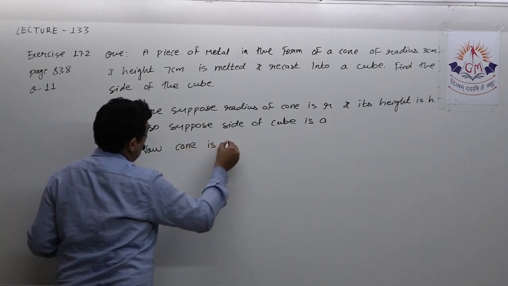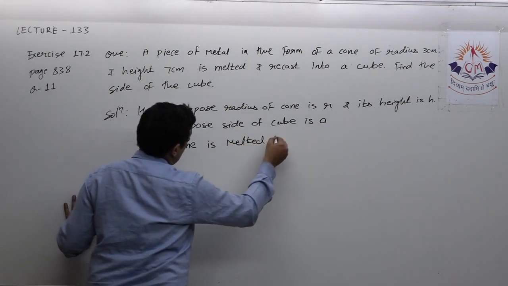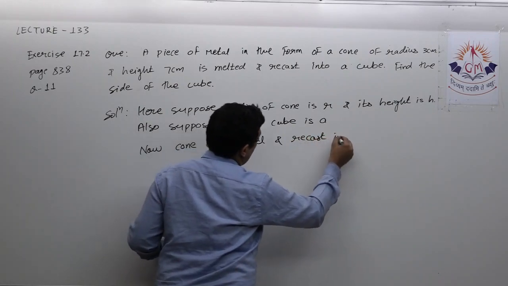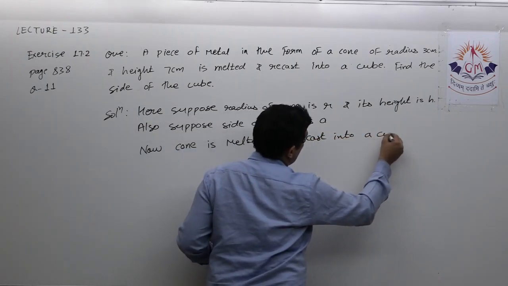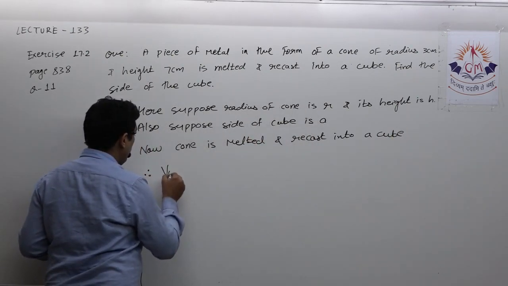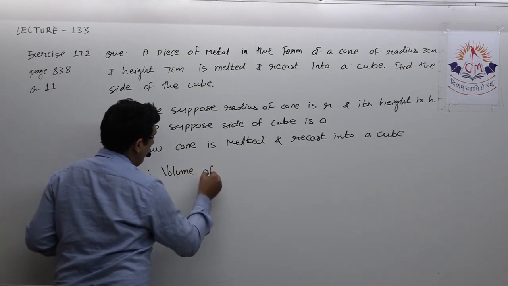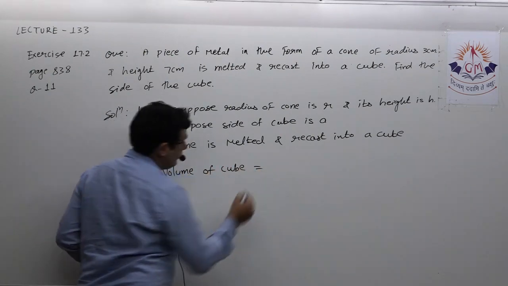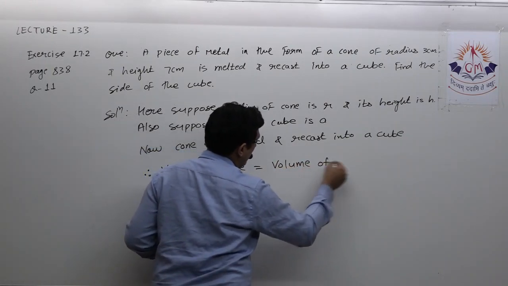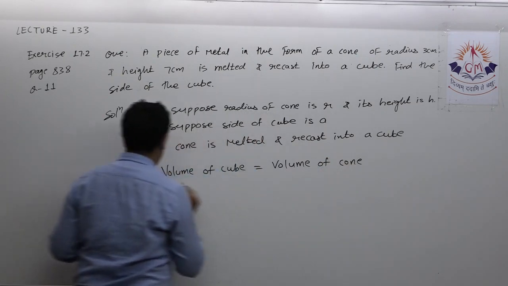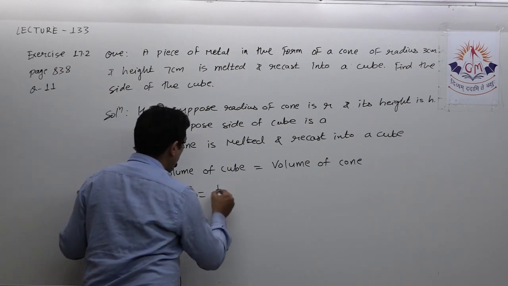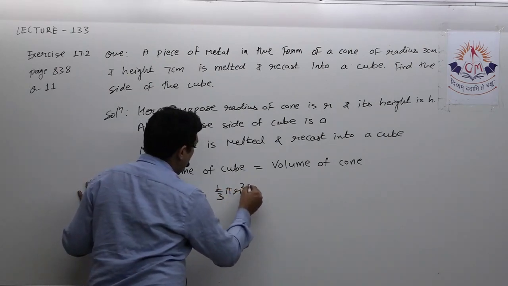Now cone is melted and recast into a cube. Therefore, I can say volume of cube is equal to volume of cone. Now volume of cube is a cube and volume of cone is 1 by 3 pi r square h.